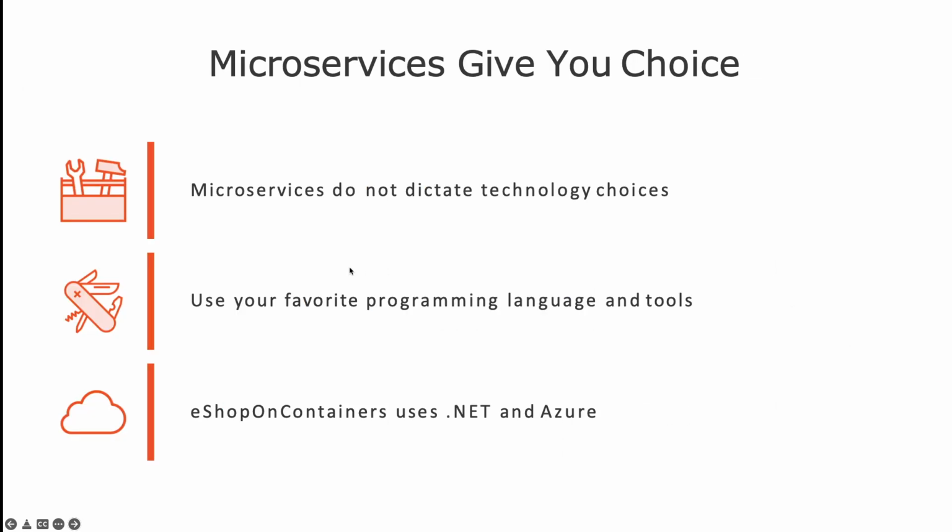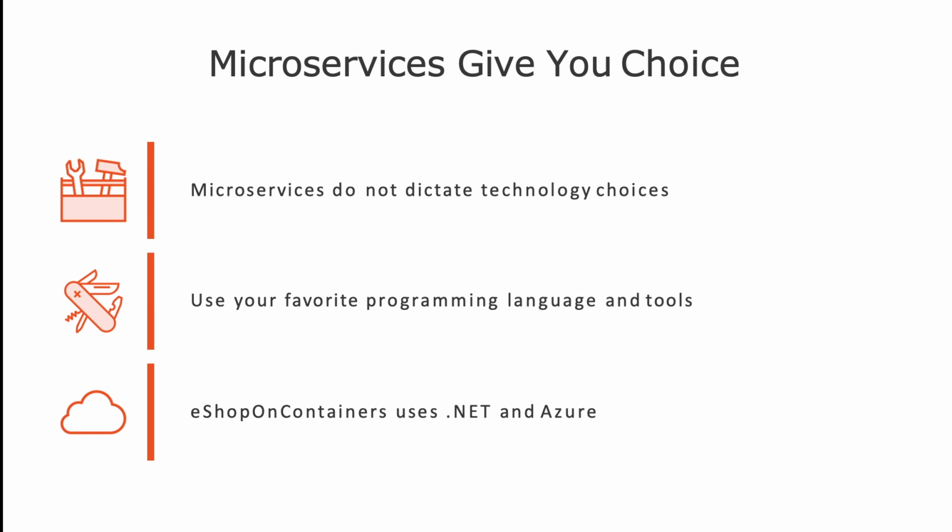So to say, microservices don't give us the solution to the problem, but they give us the choice. They give us the choice to pick the adequate technology and the adequate design to resolve our problem and to expose the business capability of microservices. Sure, you can use your favorite programming language.